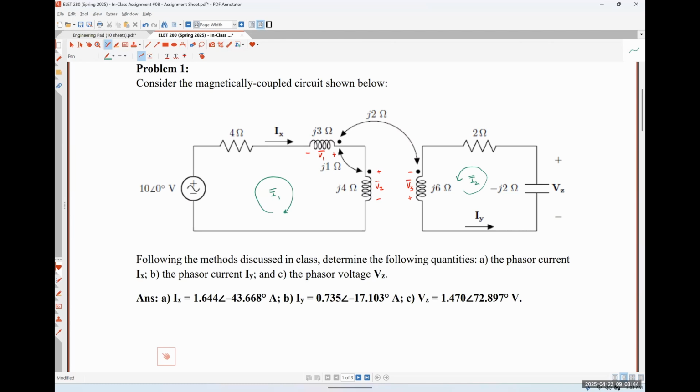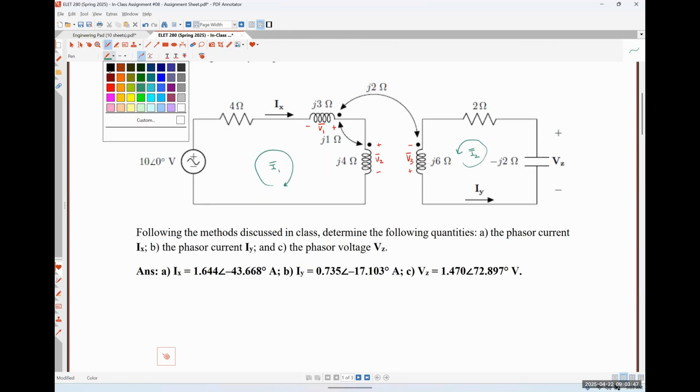So I'm going to start by trying to define my voltage V1 here, okay? So in order for this first term to be positive, okay, I'm going to need the positive polarity terminal of that voltage V1 to be at the dotted terminal of that J3 ohm inductor, and I need my mesh current I1 to be flowing into the dotted terminal.